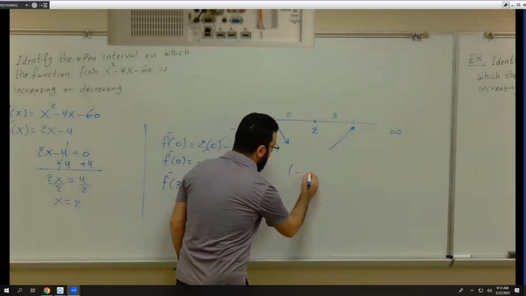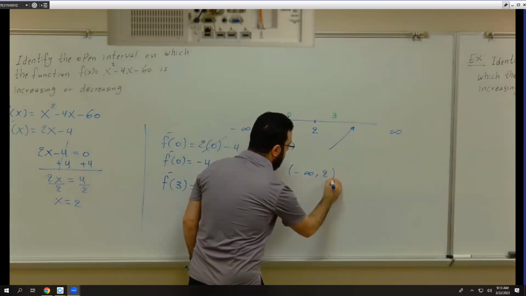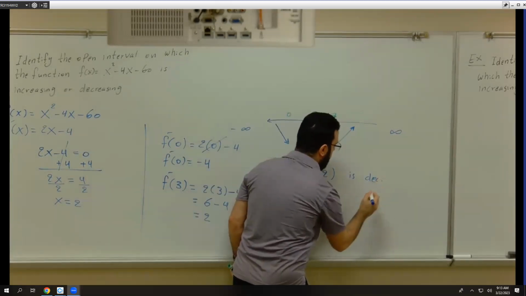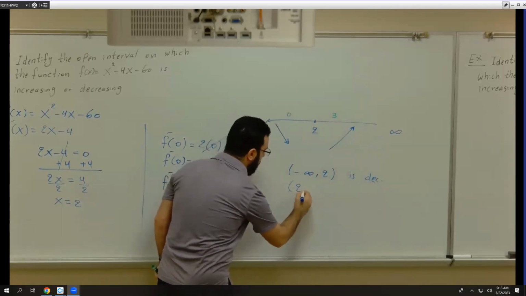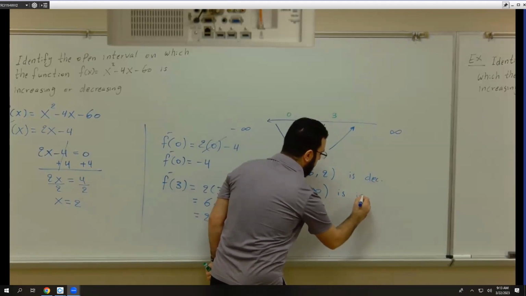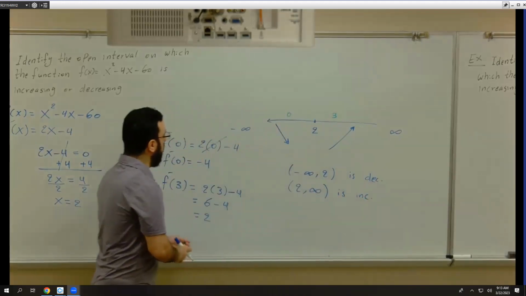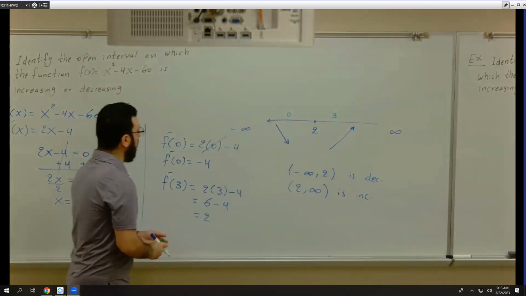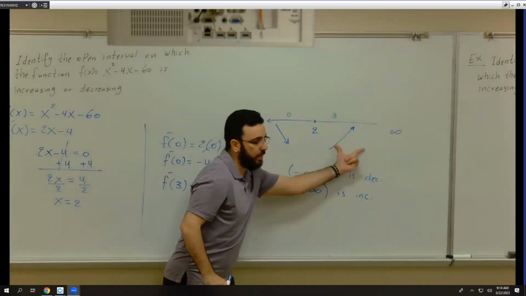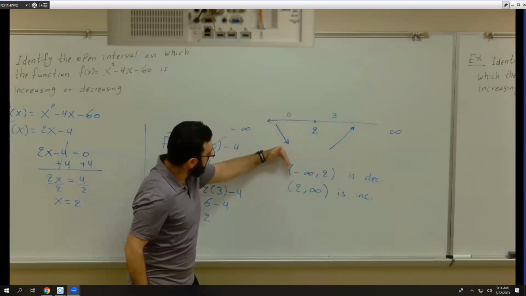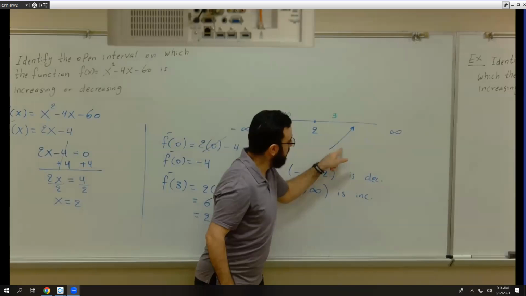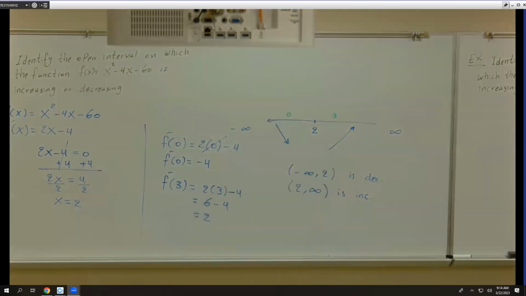From negative infinity to 2, the function is decreasing, and from 2 to infinity, the function is increasing. That's why it's called the first derivative test. We're testing the slope on this side, and we're testing the slope here. We find out the slope is going down because it's negative, and the slope is going up because it's positive. Thank you.